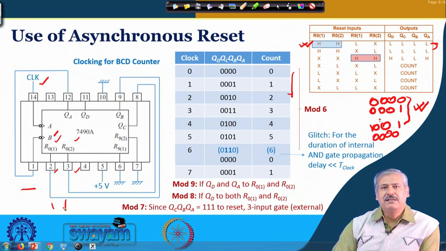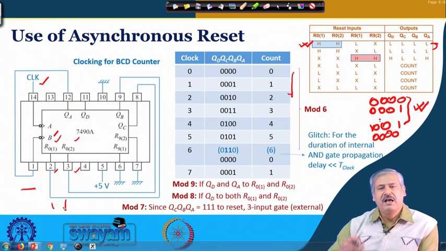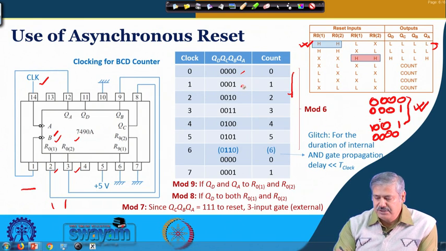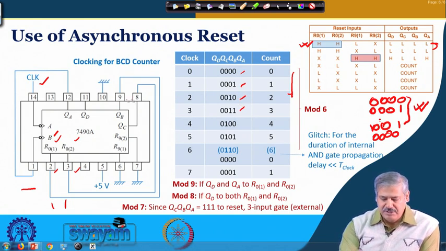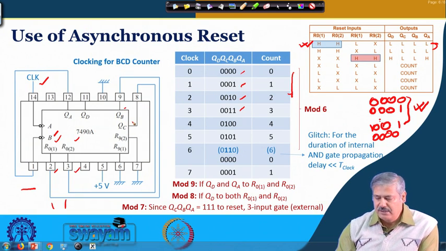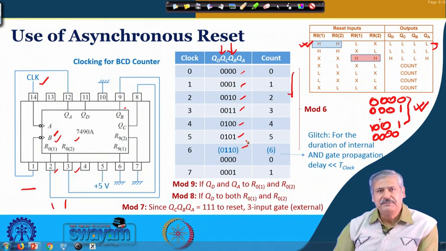If we follow the counting sequence: 0000, 0001, 0010, 0011, and you note that QC and QB are fed, so this is your QC and this is your QB. After that 0100, 0101, and then comes 0110.